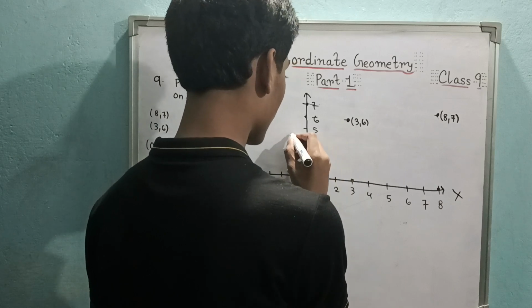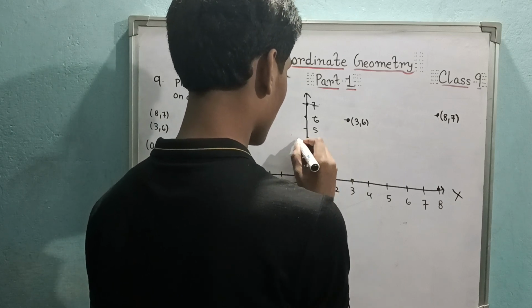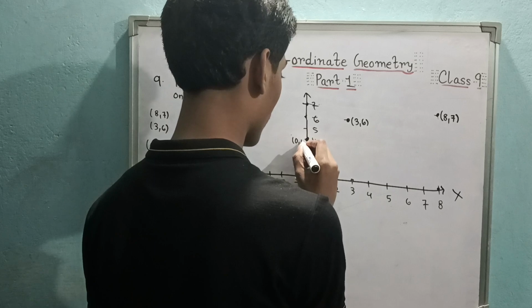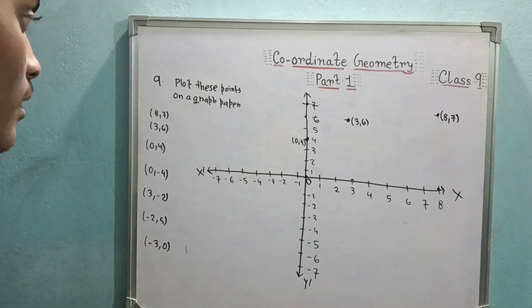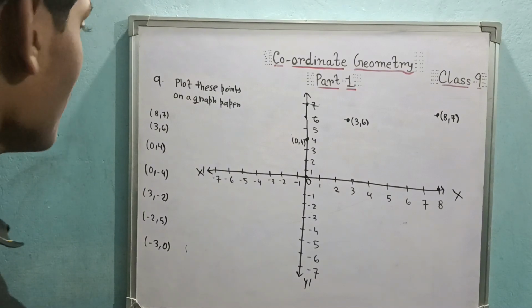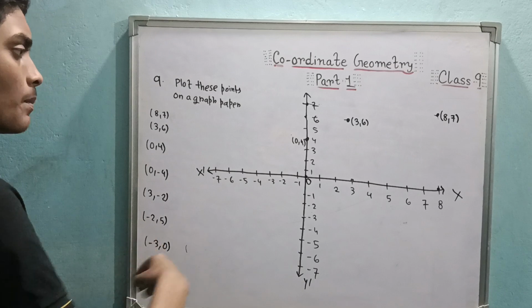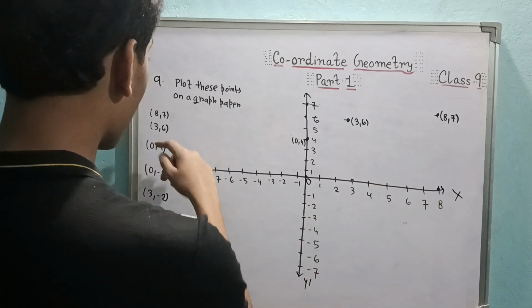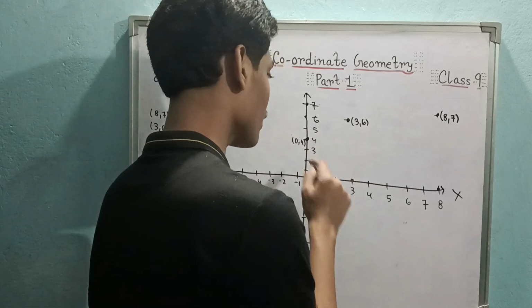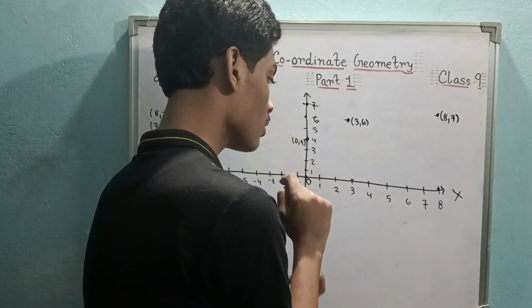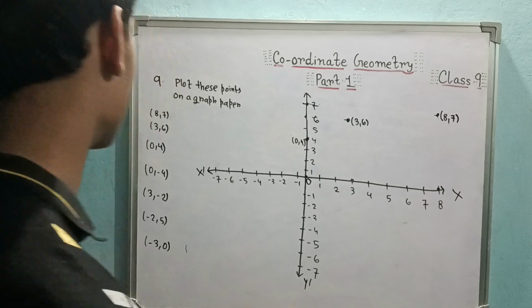So this is the point. Yeah. As simple as that. Just see, the abscissa is 0, that means 0 units on x-axis. Now 4 is the ordinate, means 4 units on y-axis. Now the intersection of these two is obviously this point on 4, right? So that is the point 0, 4.